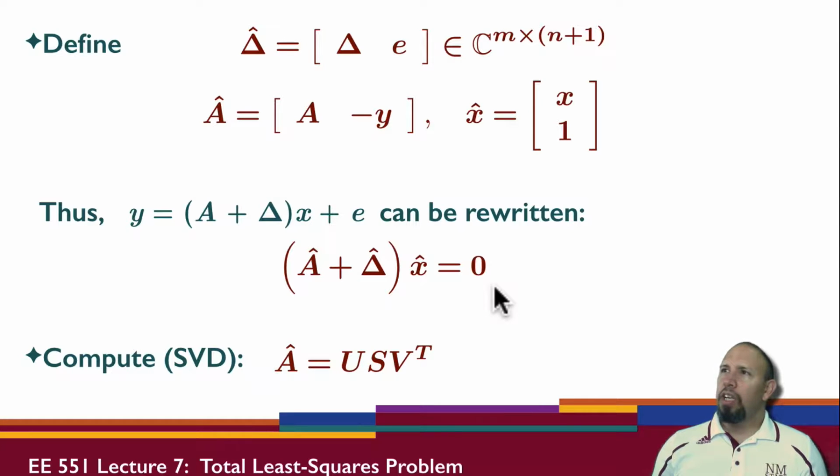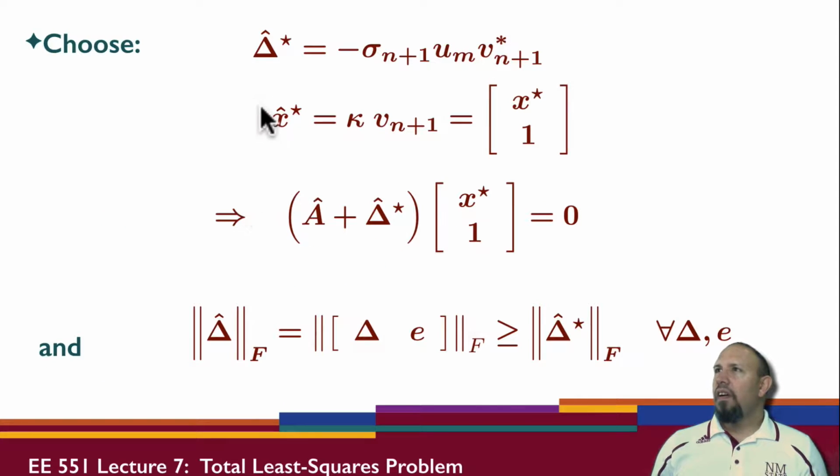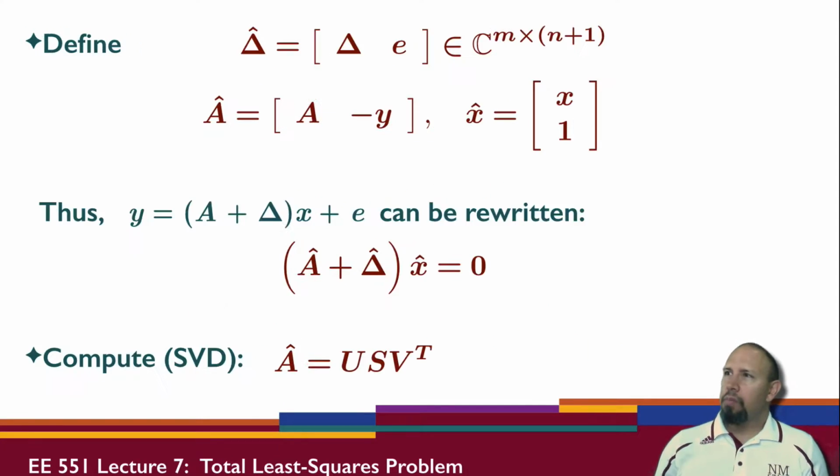So in terms of computing minimums, one way we can do this is to do a singular value decomposition. And we can go through and show that the smallest delta that makes this 0 is what we're looking for.